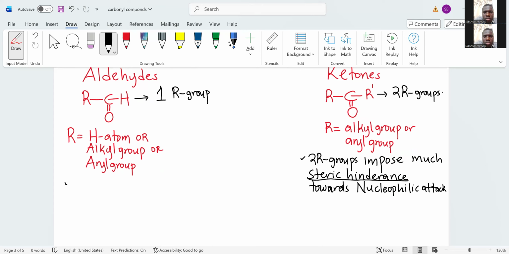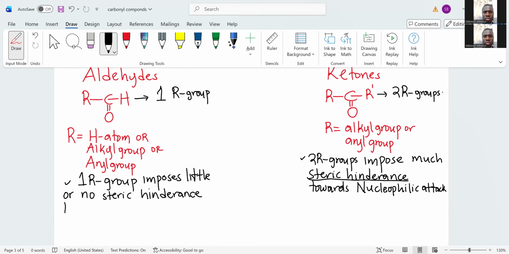Then also this side, I want to say that one R group poses little or no steric hindrance towards nucleophilic attack.